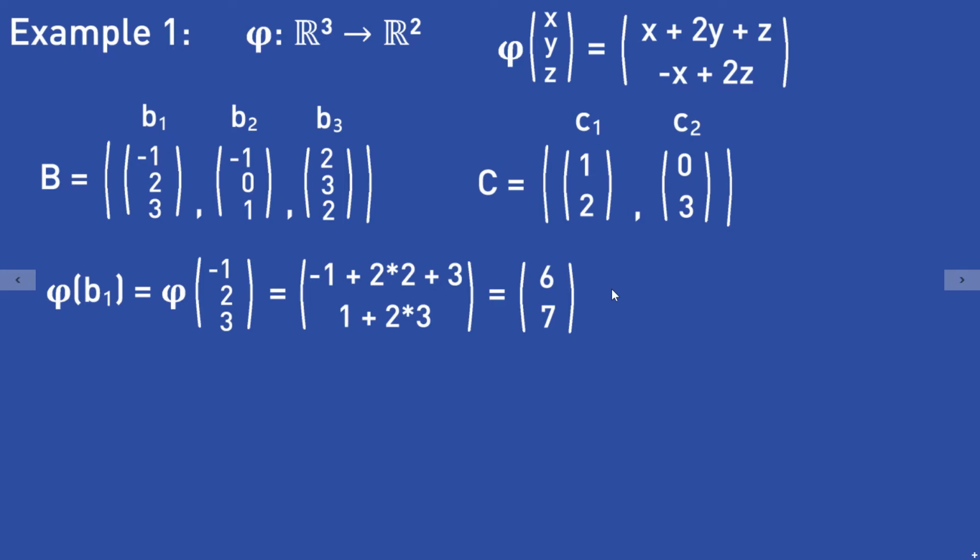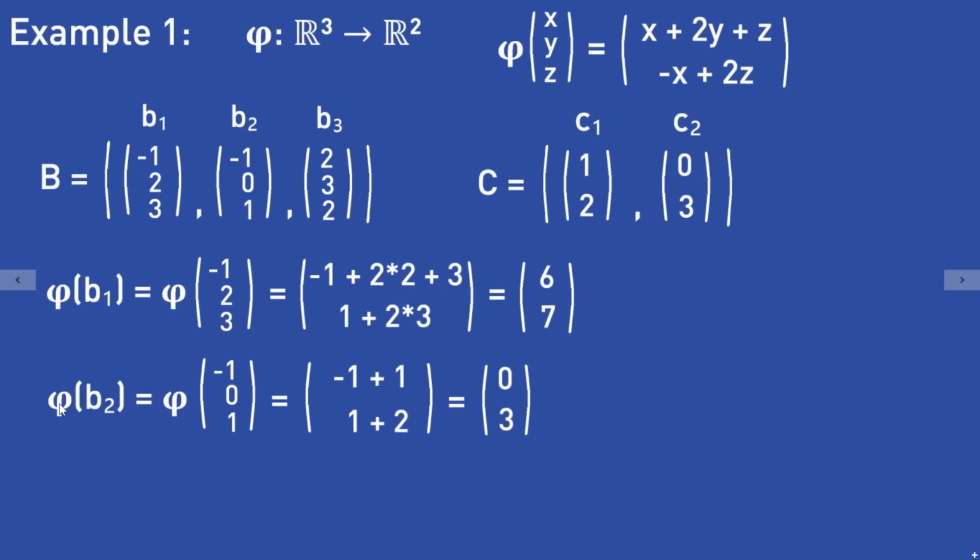We do the same thing for b2. So phi b2, and b2 is that vector here. So we get this here, and when inserting this here, we get the following, and when solving this, we get the following vector in R2, 0 and 3.